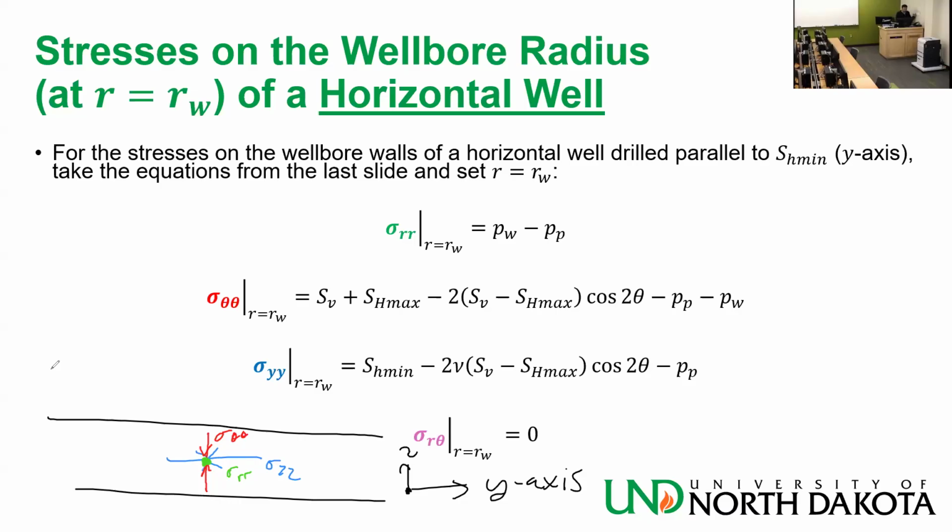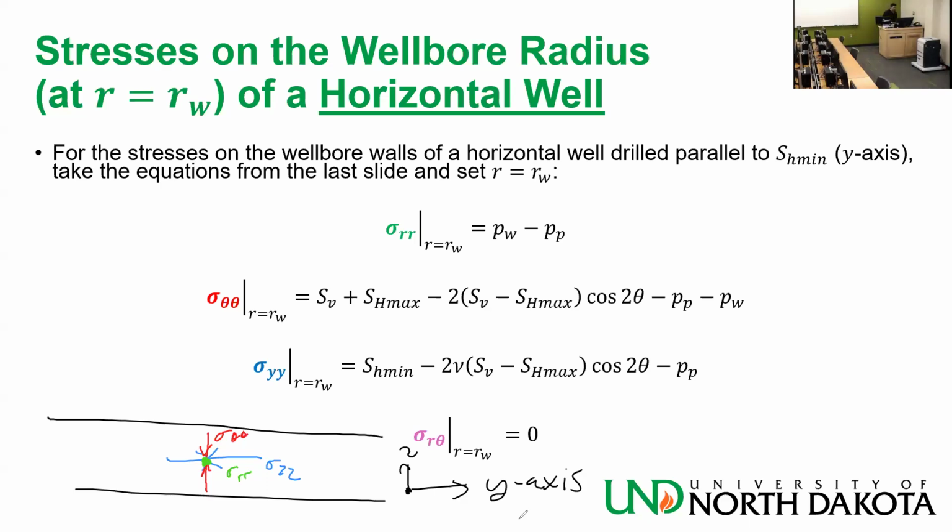So the fracture is like this and out of the screen. What is this fracture called? The answer is longitudinal fracture. So if the S3 was sigma theta theta, I would get a longitudinal fracture. Like this is the wellbore, the fracture flat, like a pancake, all around the well.